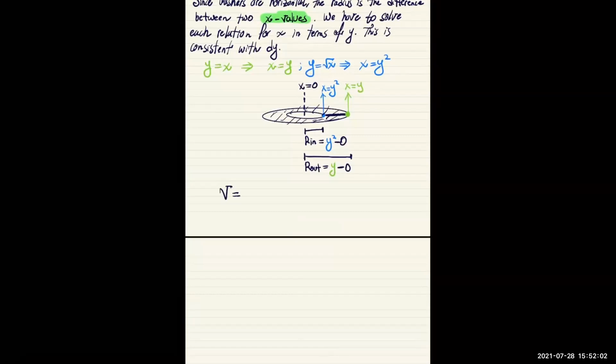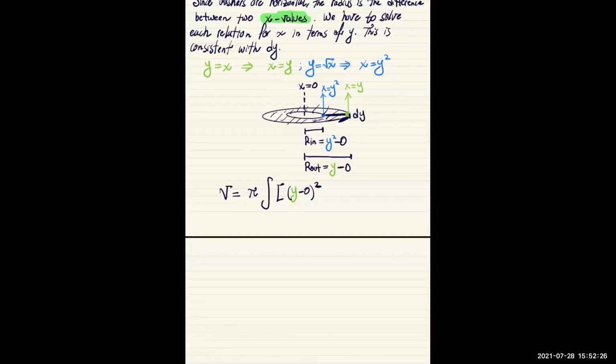Okay, so again, there's a pi I'm going to be taking out. And don't forget, guys, the thickness here is dy. It's an integral. Let me just write down the integrand. The outer radius again is y. I'm going to write down the minus 0 anyway. Y minus 0 squared.